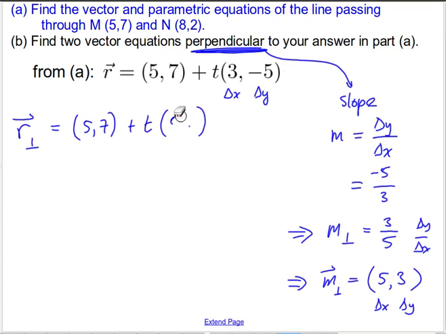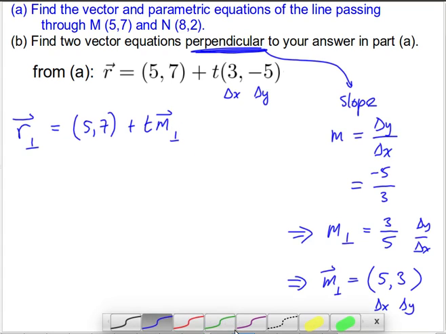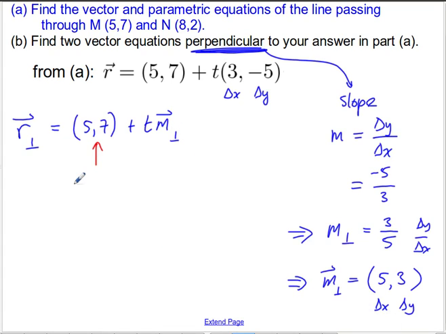Let me go back here just before I fill that in that way. And then I'm just going to make a little note here that this is still the same starting vector. Okay, because we have to be perpendicular. Actually, do we need to go through the same starting point? We do not need to go through the same starting point.